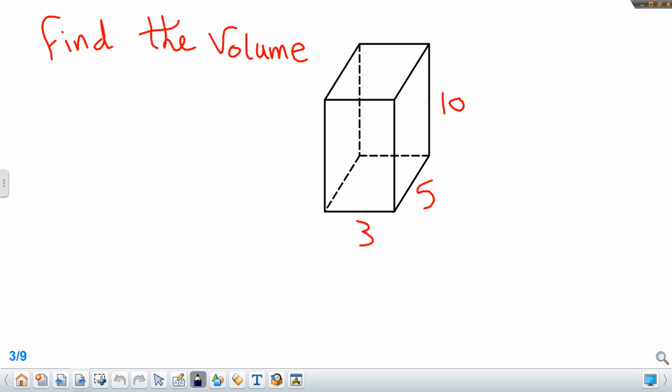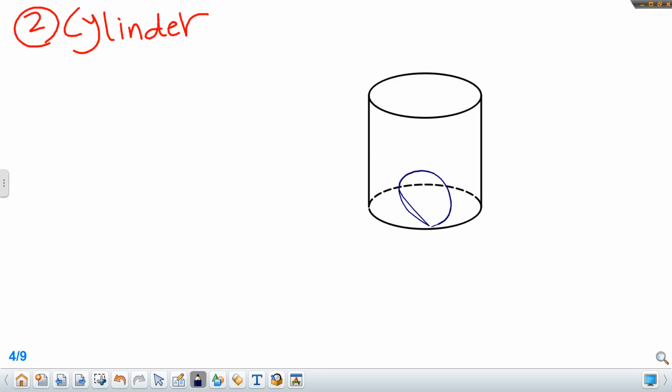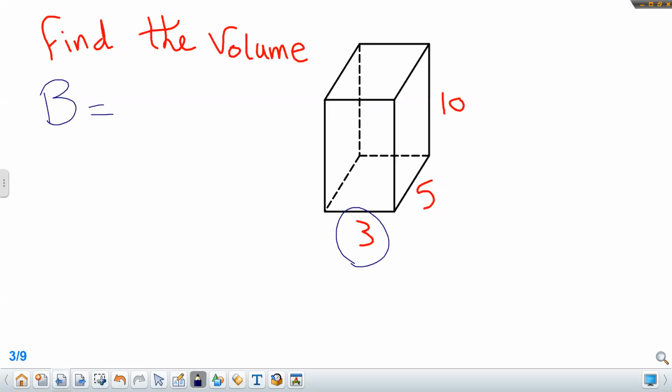Okay, here we have a base as a rectangle. So first we need to find base area. What about base area? Base area is length by width, which is 3 by 5. So we can say 3 times 5, which is 15 square units.